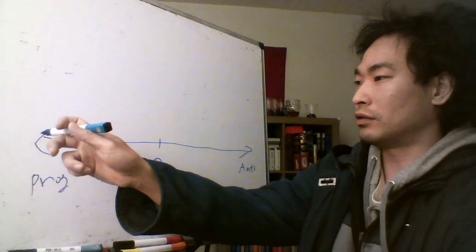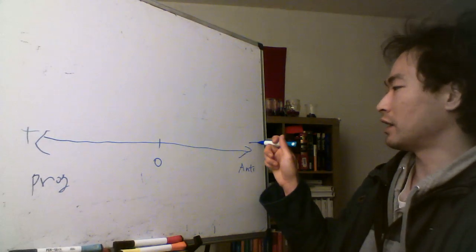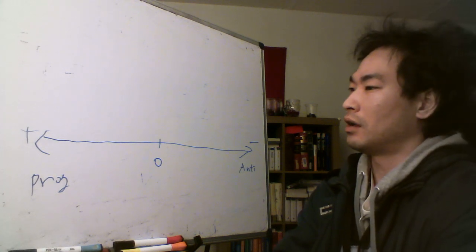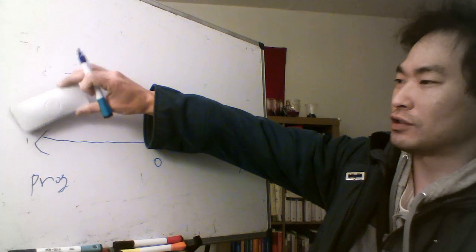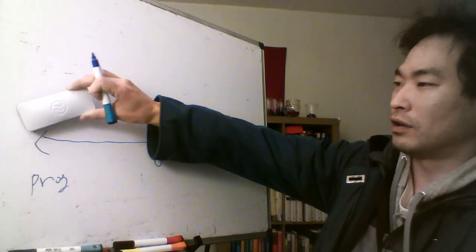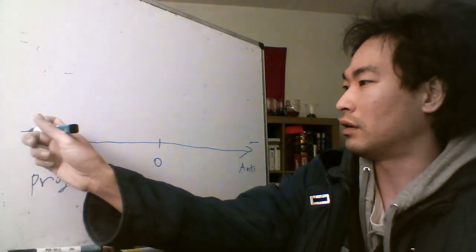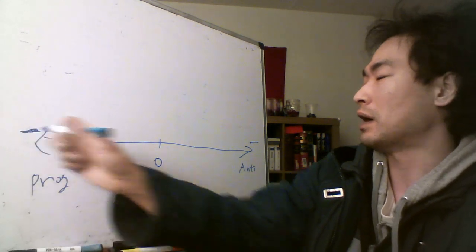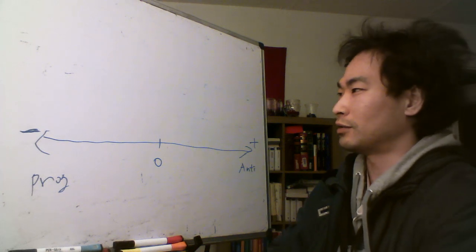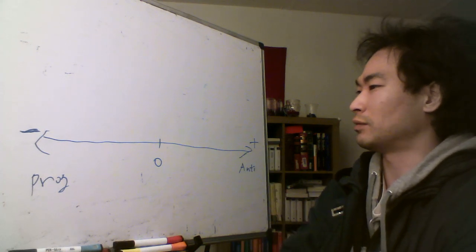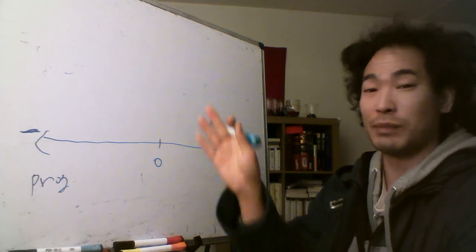We can call this positive because it's pro-gayism. Now you have anti-gayism, but it's too confusing, so we just stick with the traditional notion where left is negative and right side is positive. I'm not making any value judgment, just to make it simpler and easier. We don't have to talk about two dimensions.